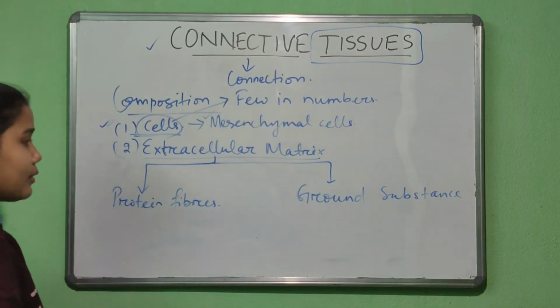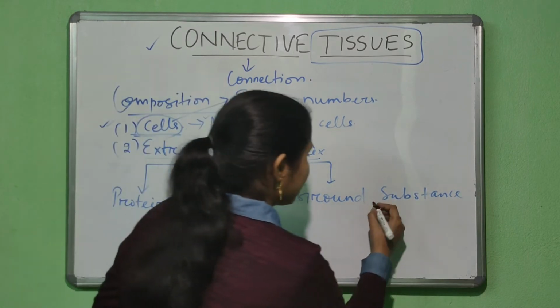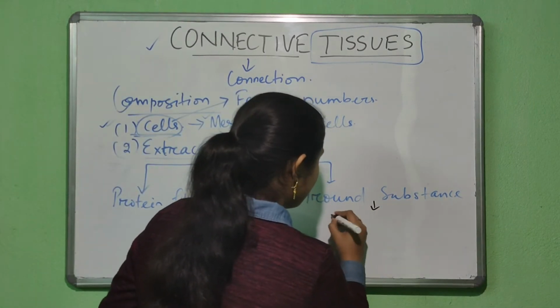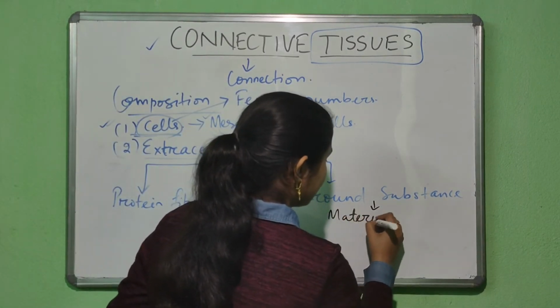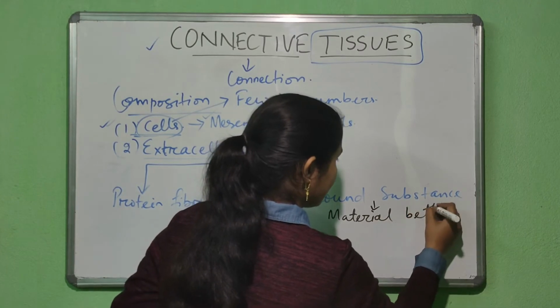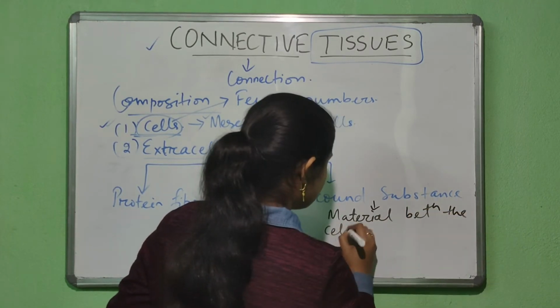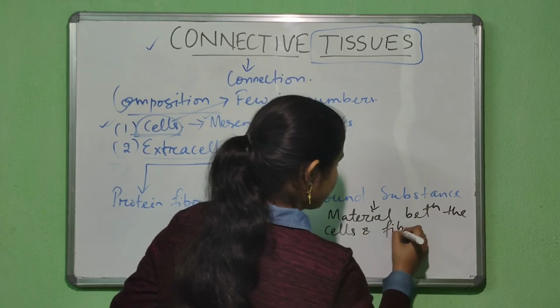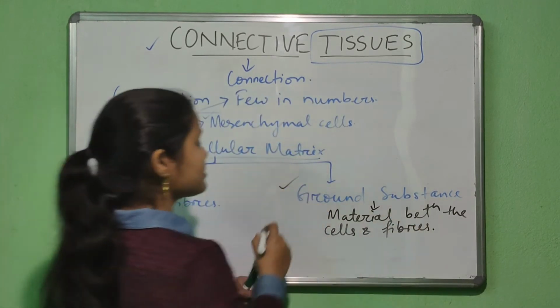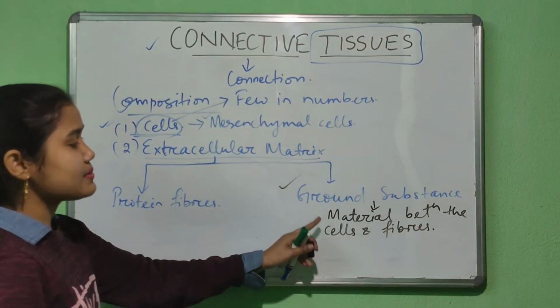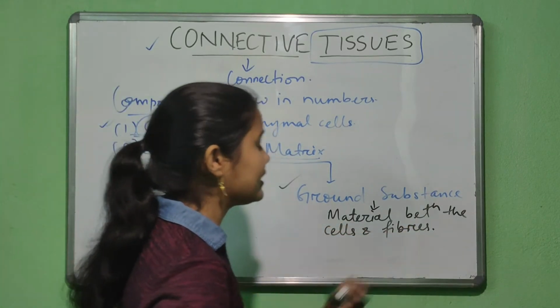So what is the ground substance? Ground substance is the material between the cells and fibers. Remember this. Ground substance is the material between the cells and the fibers.